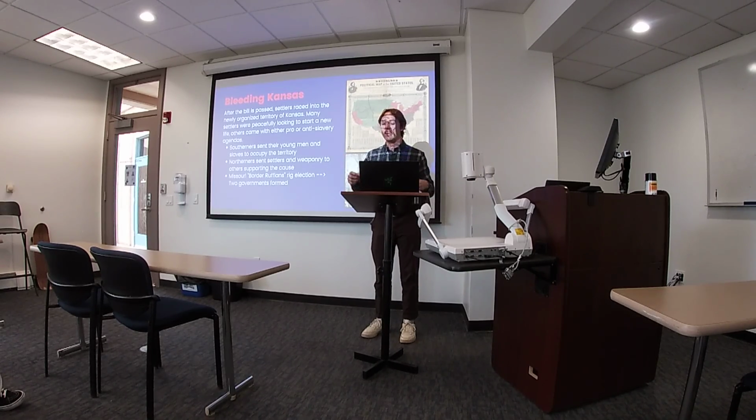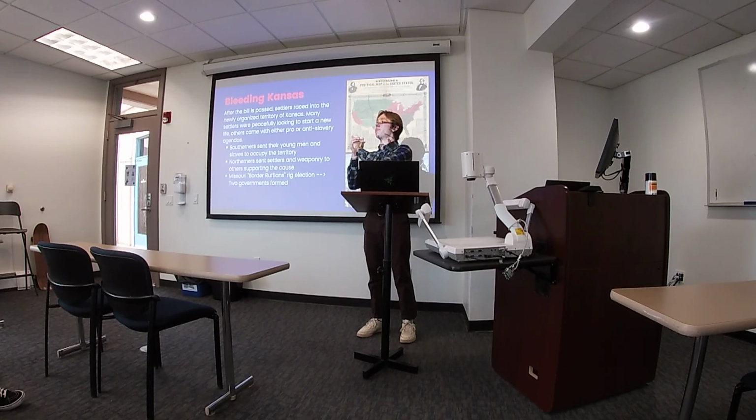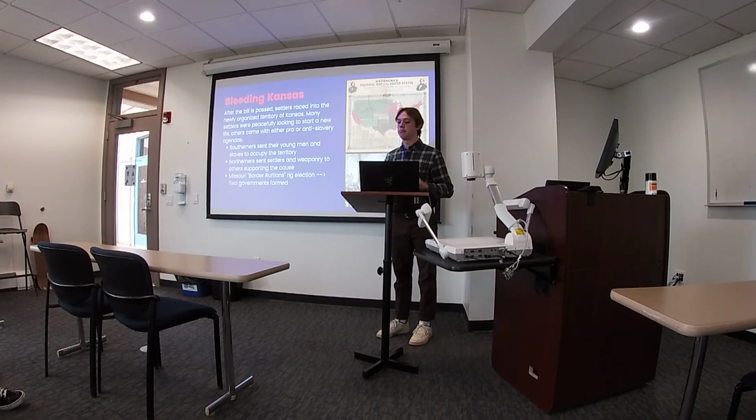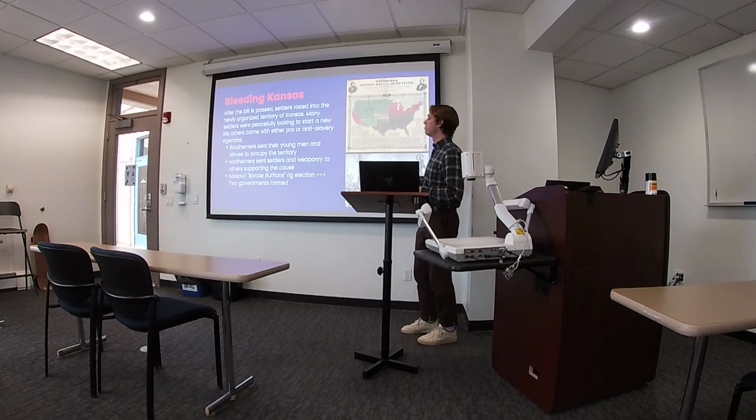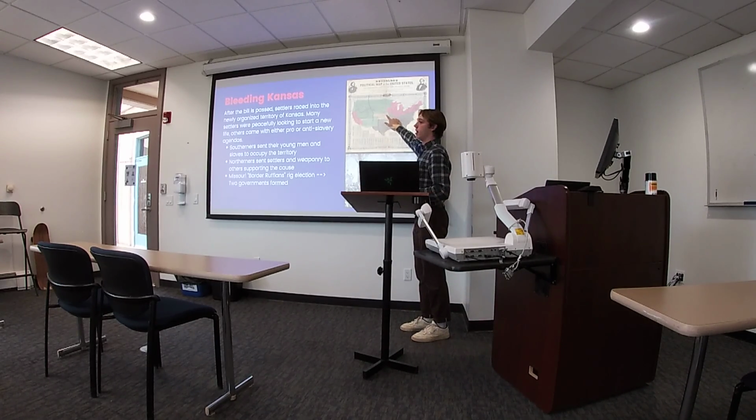And eventually the pro-slavery supporters in Kansas broke into the capital of the anti-slavery government and burnt it down. It was violent, there was war, and this was the first domino that began to fall towards civil war. It was almost like a mini civil war had begun in the middle of the United States.